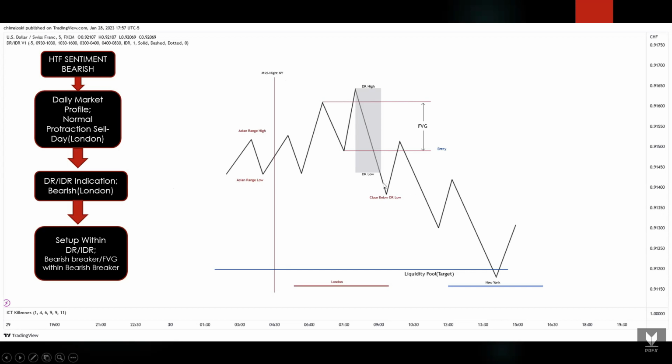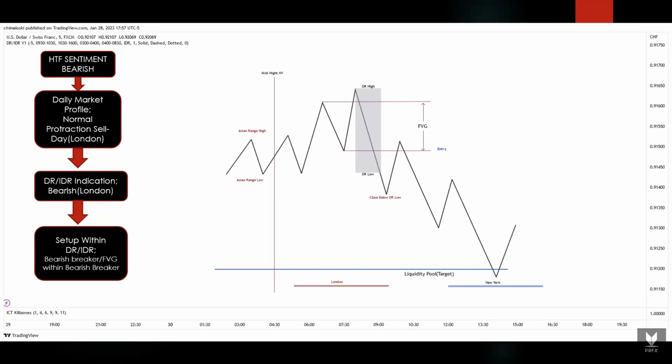Now, you know that a close below the defining range would signal that we are bearish, but we have two more confirmations before the defining range, of course. Upon the defining range agreeing with all these other two, we start to hunt setups inside the defining range.